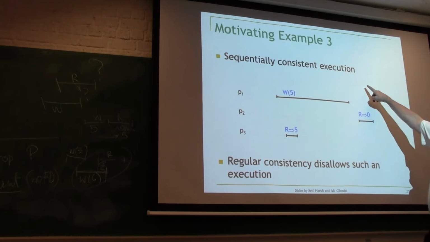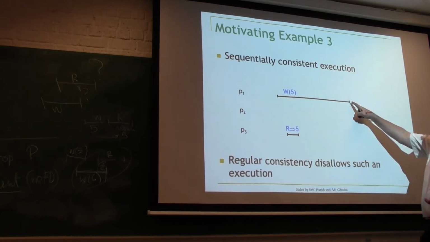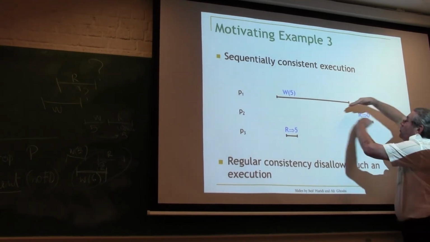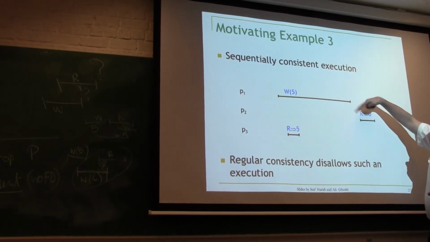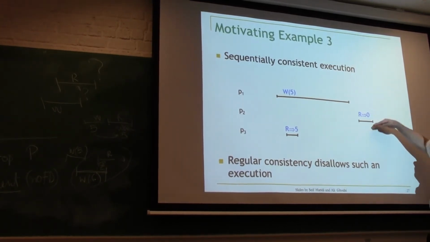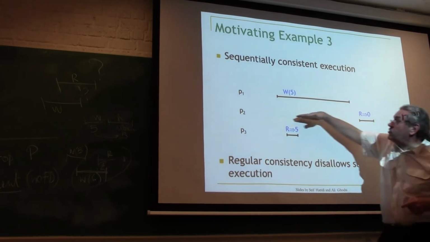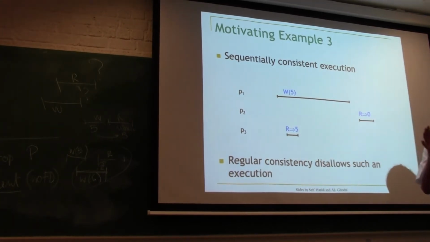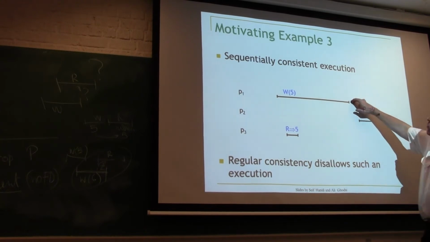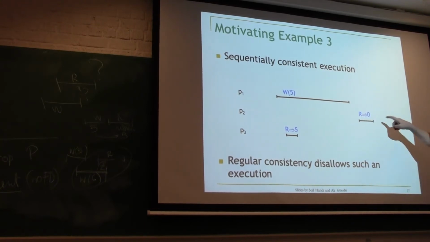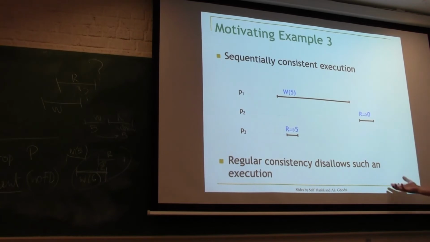But it is allowed in sequential, because in sequential each node has its own local time, so we don't actually connect these two, P1 and P2. Sequential is that each node has its own local time only. So this one is allowed in sequential, but not allowed in regular.